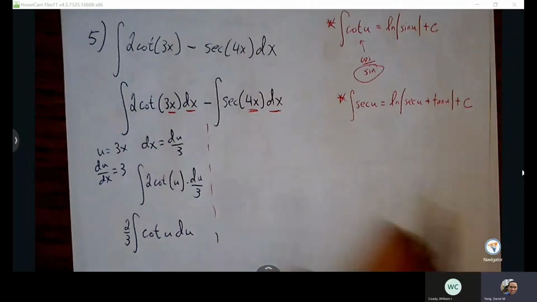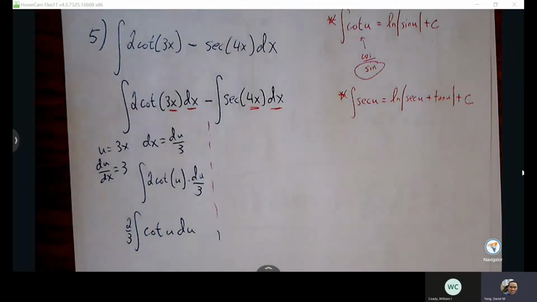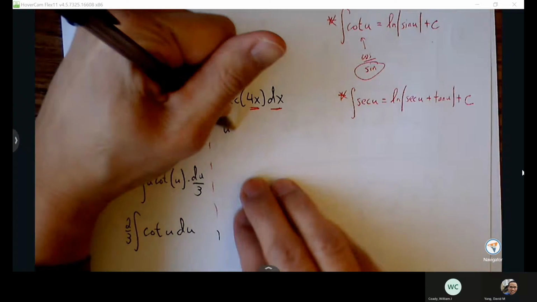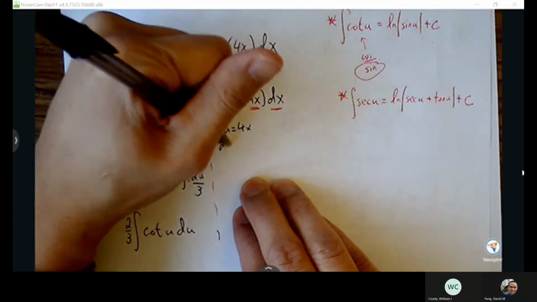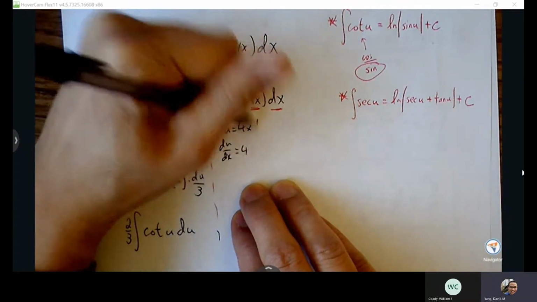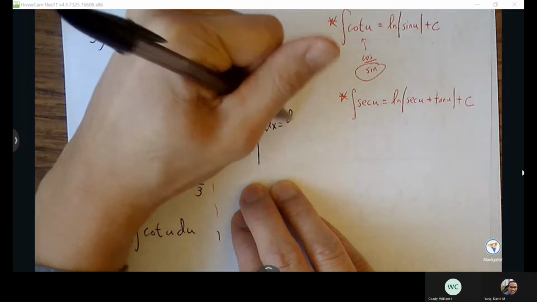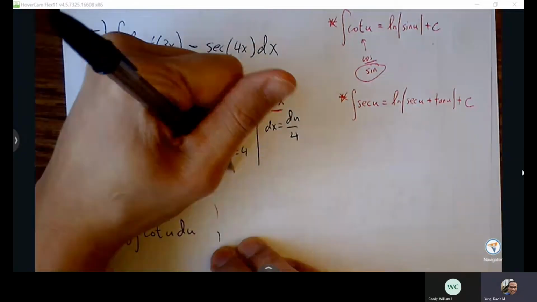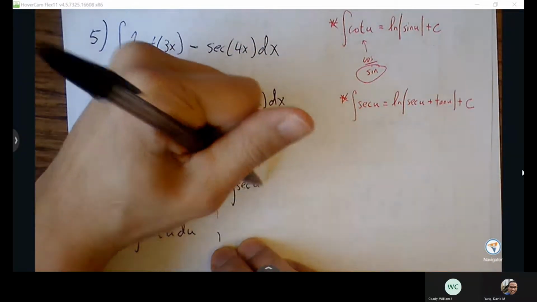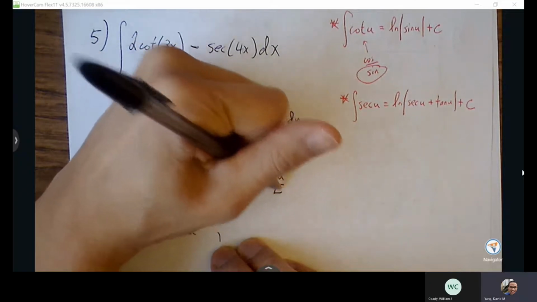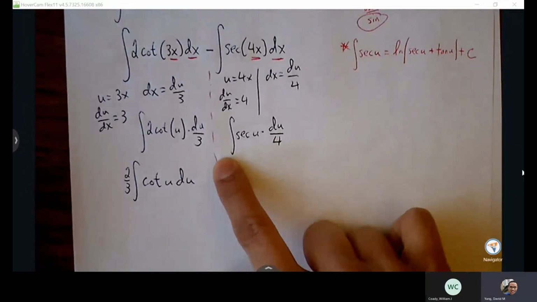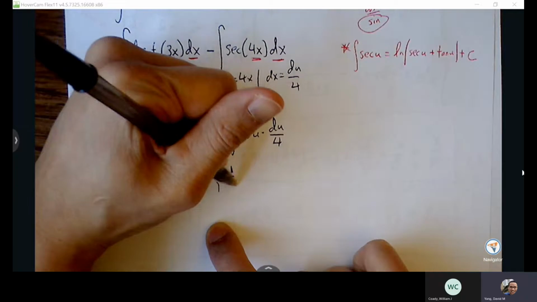But we know ultimately it's just going to be a 1/4 that's going to be pushed out in front. That 4 in the denominator gets pushed out as 1/4.